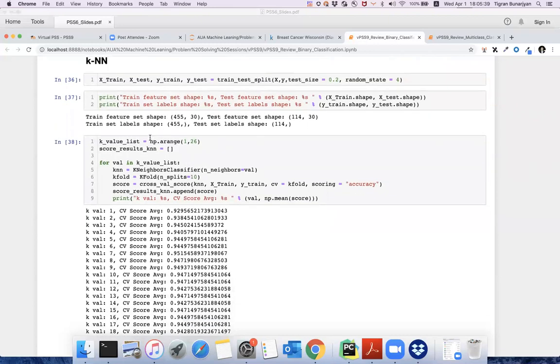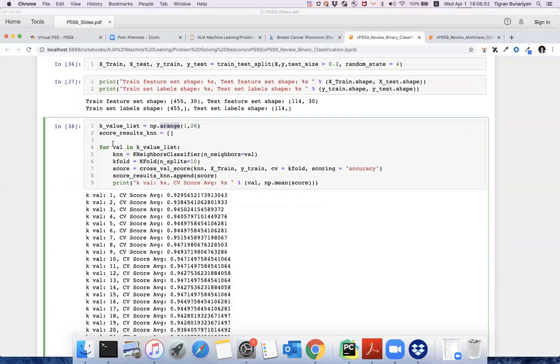And here we can just use np.arange to generate a NumPy array containing the values of k from 1 to 25, and we can iterate over these values and construct an object of the KNeighborsClassifier class in which the n_neighbors value is equal to val, which is each component in this k value list.